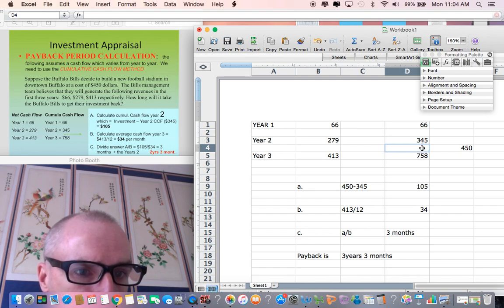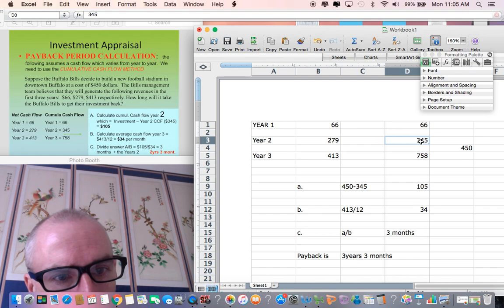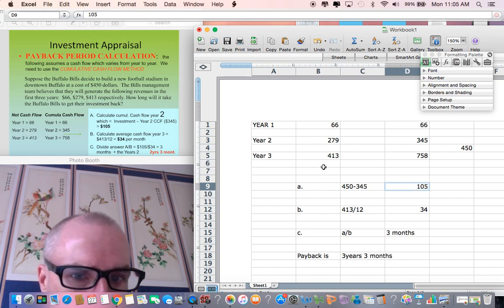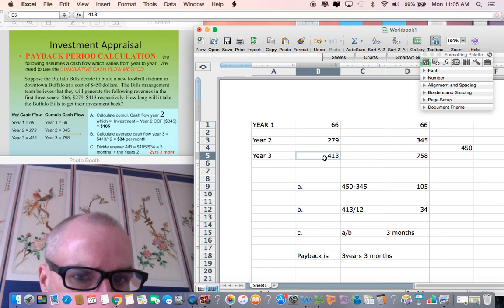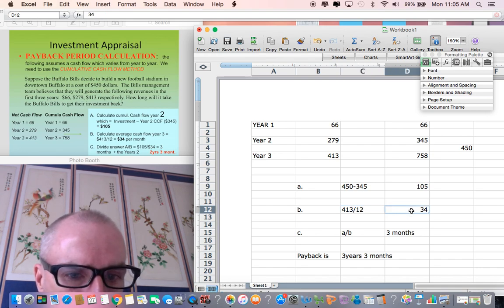Now I need to identify how I am going to get the months. So letter A, take that initial investment and subtract it from 345. You get that. Step B, take that year total for year 3 and divide it by 12 months, and you get that number.